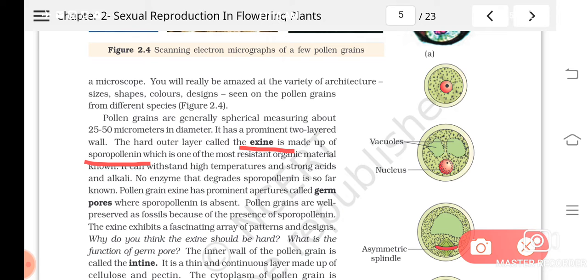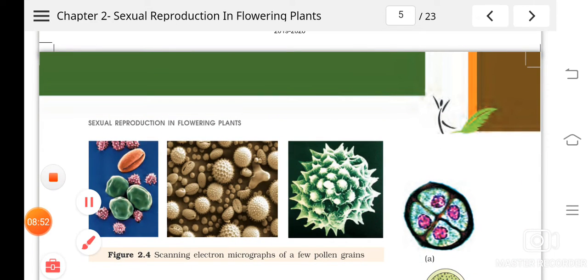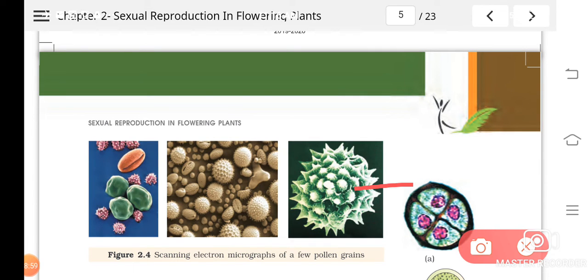Understood? So exine is the outer layer with a lot of different ornamentation. You can see in one diagram it has spike-like ornamentation, and these are pollen grains of some other species. You can see that each species' exine will be very specific. They will have different ornamentation.